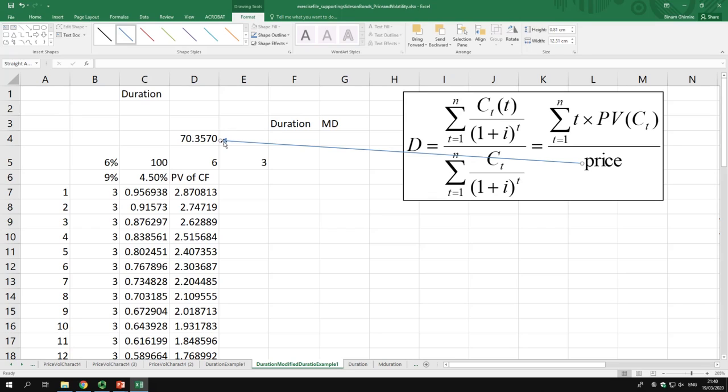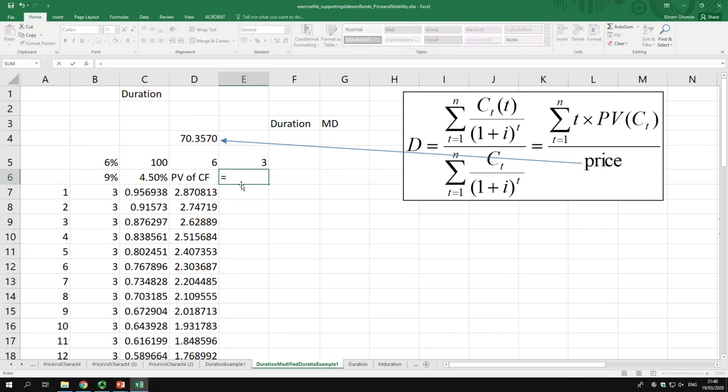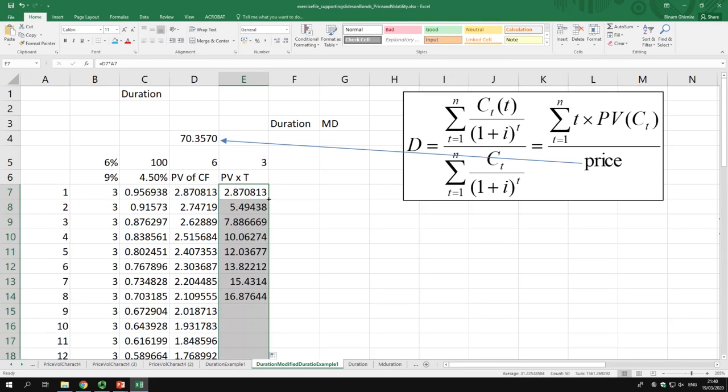Now what we need after this, if you see in this formula, is the present value of all the cash flows times t. So over here we need the present value times t, and that's going to give us this times t, which is 1, and so on for all remaining coupons.